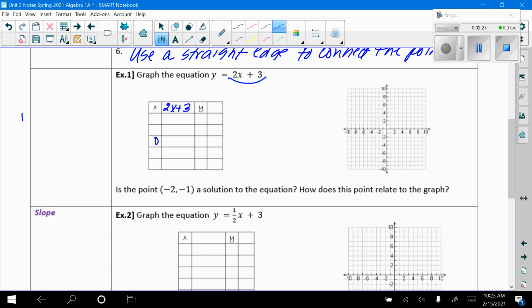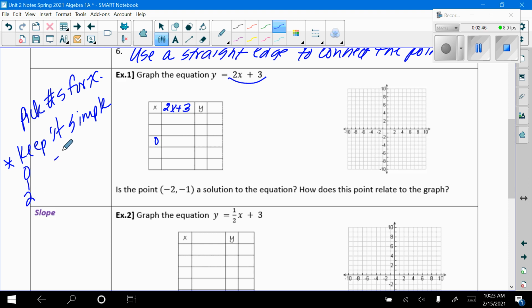So you get to pick numbers for x. Keep it simple. The harder you make it, the harder it's going to be. So keep it simple, like 0, 1, 2, negative 2, negative 1, 0, or negative 1, 0, 1, that kind of thing.